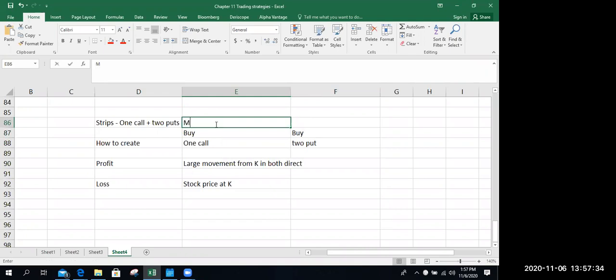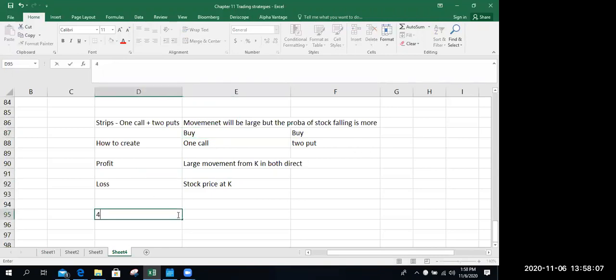When you think movement will be large, but the probability of the stock falling is more. Okay. How do you do it? You buy one call and you buy two puts.